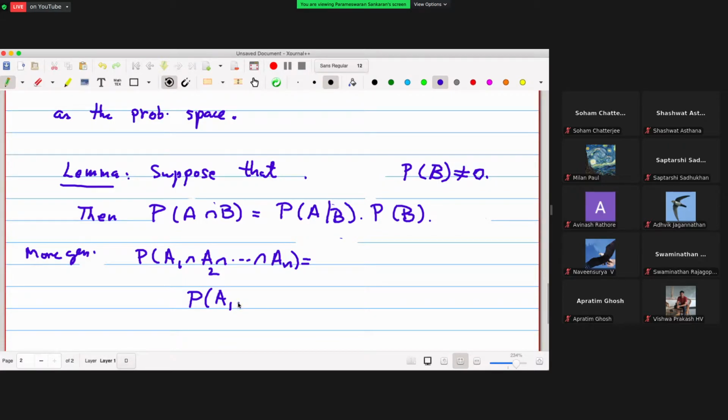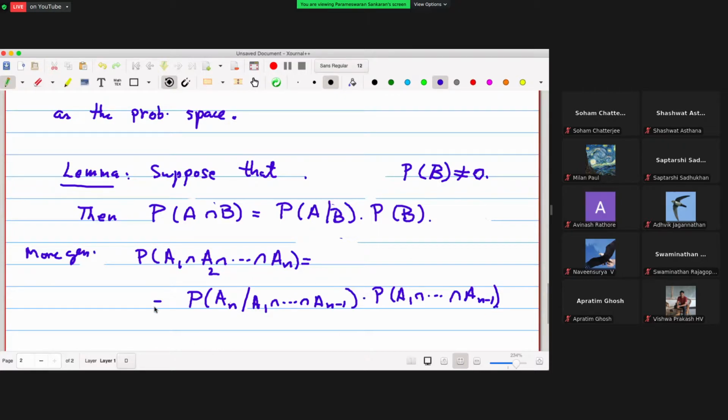The probability of A1 intersection through AN is the probability of AN given A1 through AN minus 1, times the probability of A1 intersection through AN minus 1.